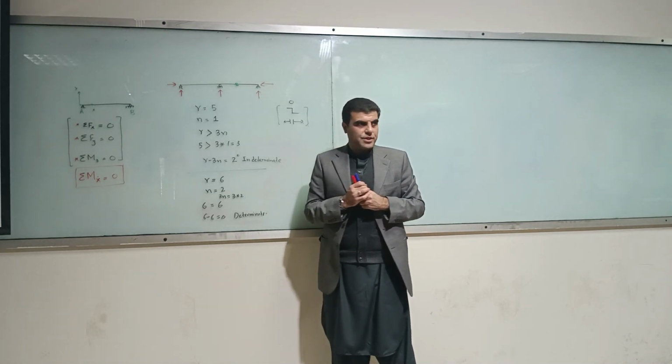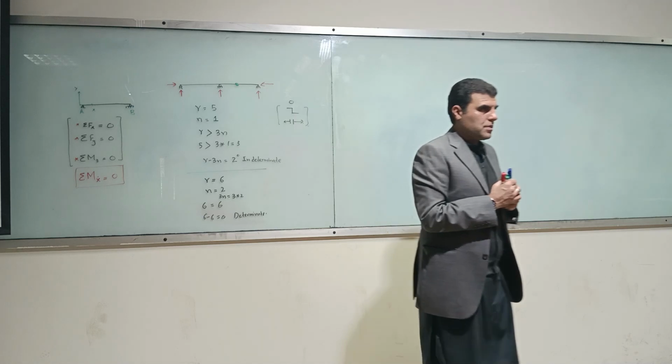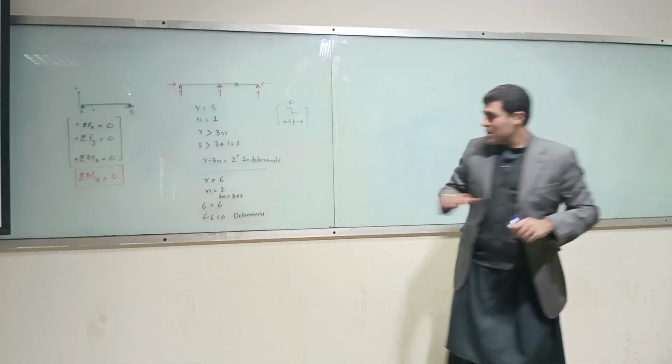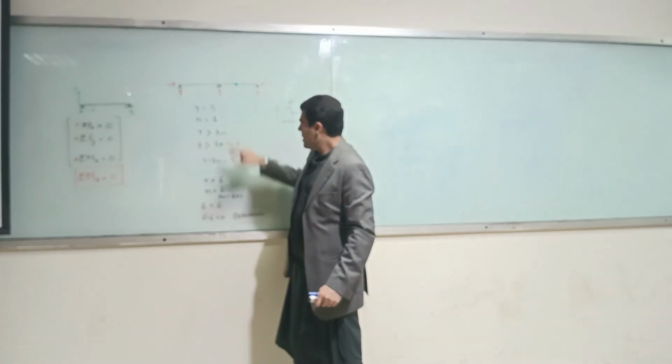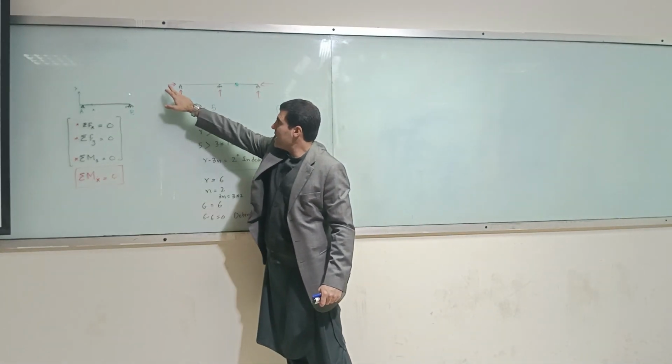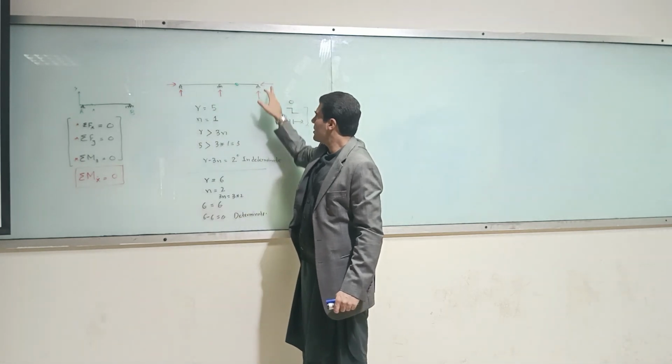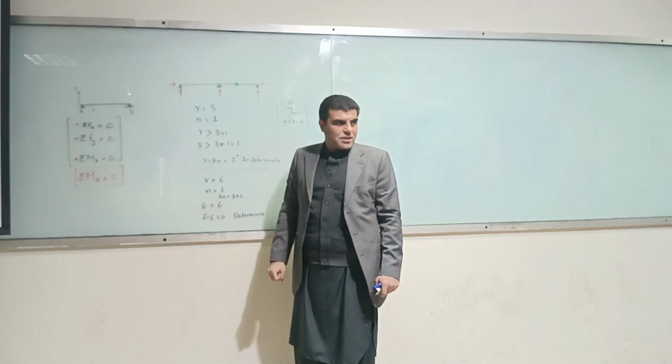Sir, how has the reaction become 6? We already have how many reactions? 1, 2, 3, 4, 5. And we add 2. Okay.